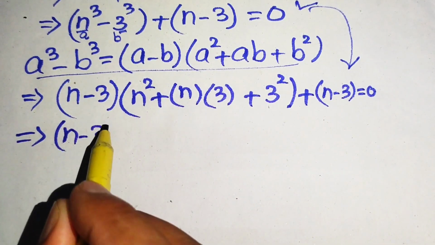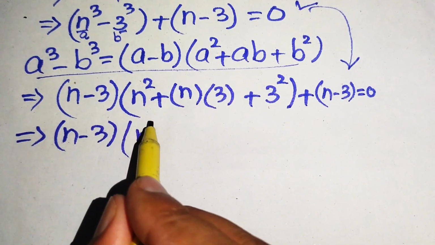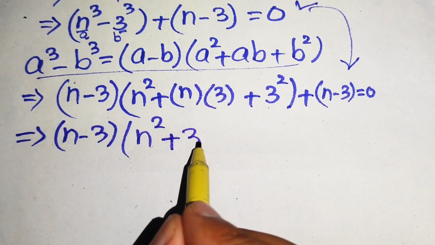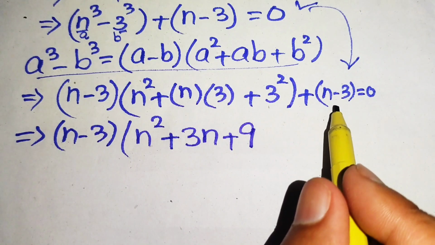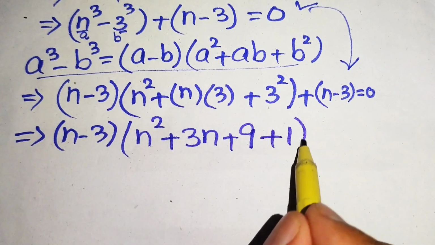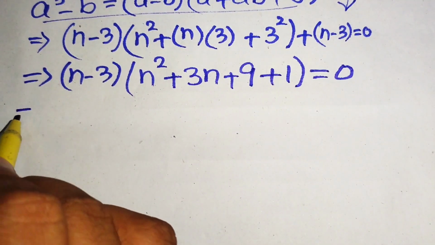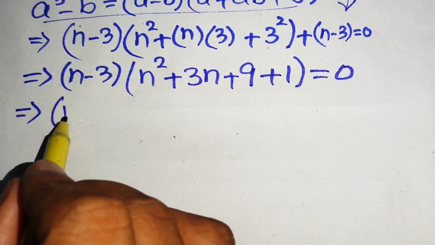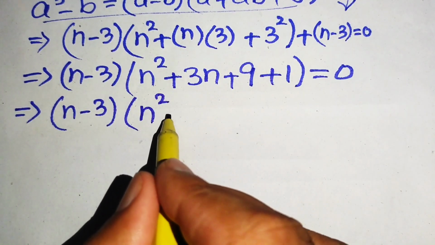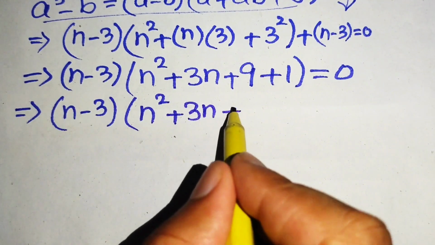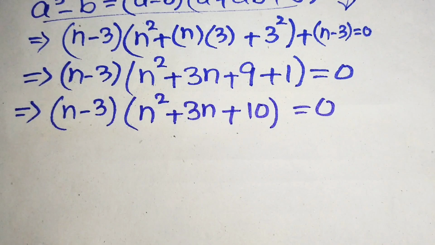So we take common n minus 3, and the remaining terms are n square plus 3n plus 3 square, which becomes 9, and plus 1, equals 0. We write it as n minus 3 times n square plus 3n plus 9 plus 1, which is 10, and this whole equation equals 0.